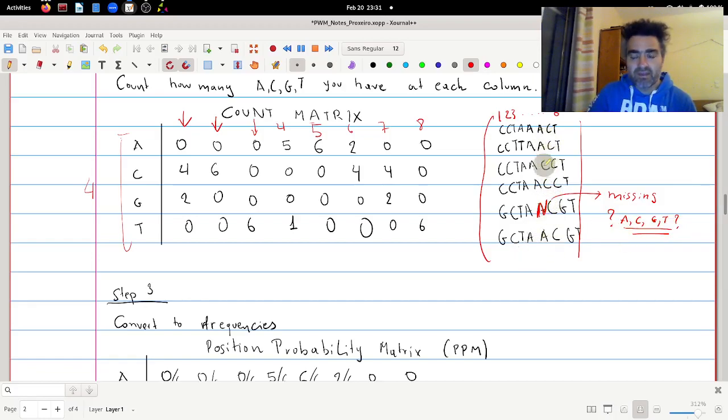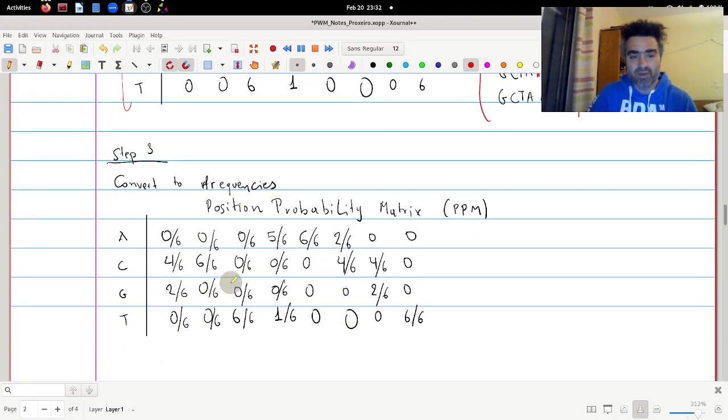If this is the case, then for this column we will not have 6 nucleotides, but instead we will have a 5 here. Just to make this clear why we need to find the sum of every column and divide by it, because it's possible that some information will be missing.